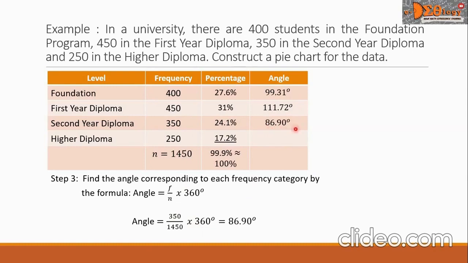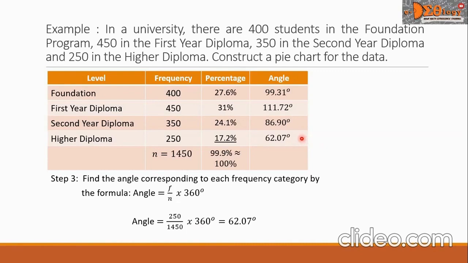This value comes from 350 divided by 1450 times 360 degrees. And the last blank is equal to 62.07 degrees. This comes from 250 divided by 1450 times 360 degrees. And the value is written here.